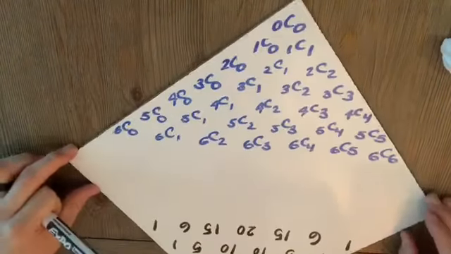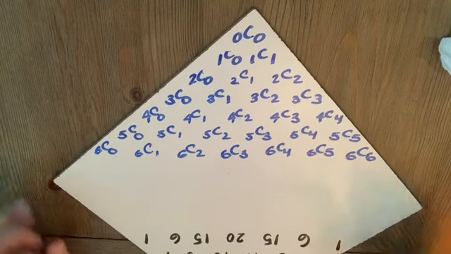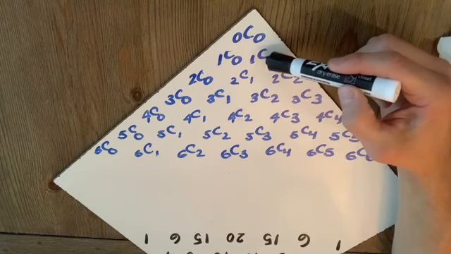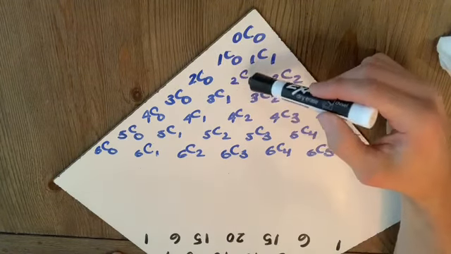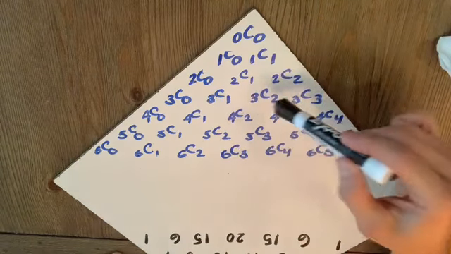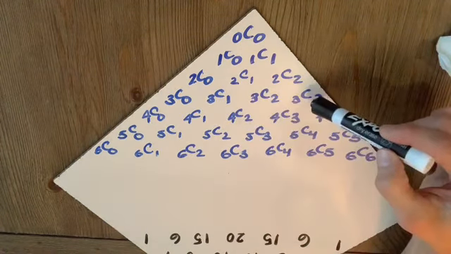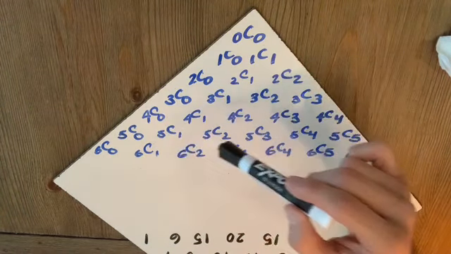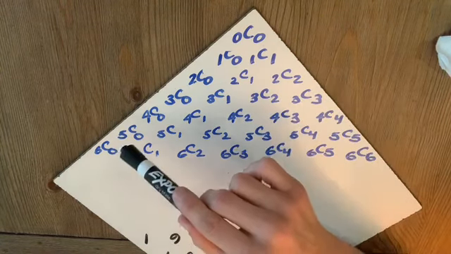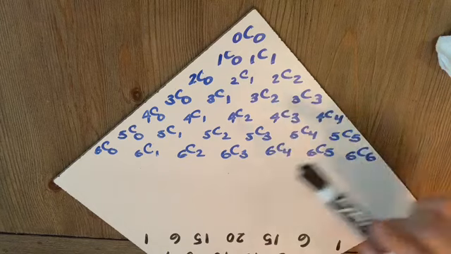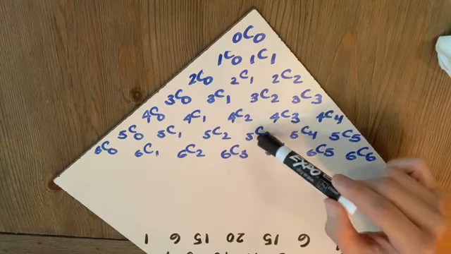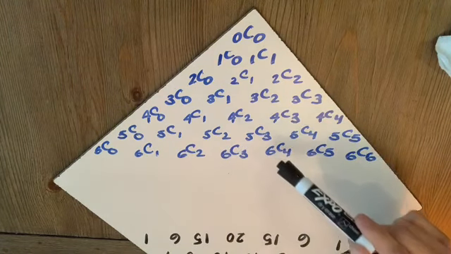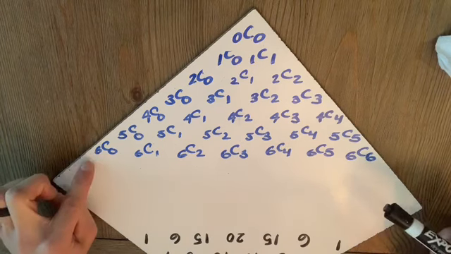Here is the same Pascal's triangle, this time with combinations. 1 is 0C0. 1, 1 is 1C0, 1C1. 1, 2, 1 is 2C0, 2C1, 2C2. 1, 3, 3, 1 is 3C0, 3C1, 3C2, 3C3. 1, 4, 6, 4, 1 is 4C0, 4C1, 4C2, 4C3, 4C4. 1, 5, 10, 10, 5, 1 is 5C0, 5C1, 5C2, 5C3, 5C4, 5C5. 1, 6, 15, 20, 15, 6, 1. That's for when n is equal to 6.